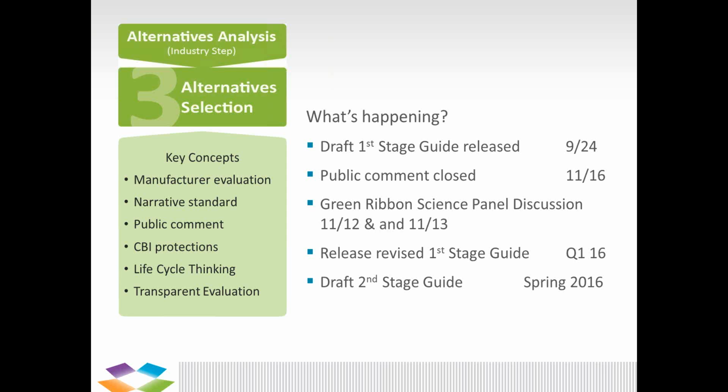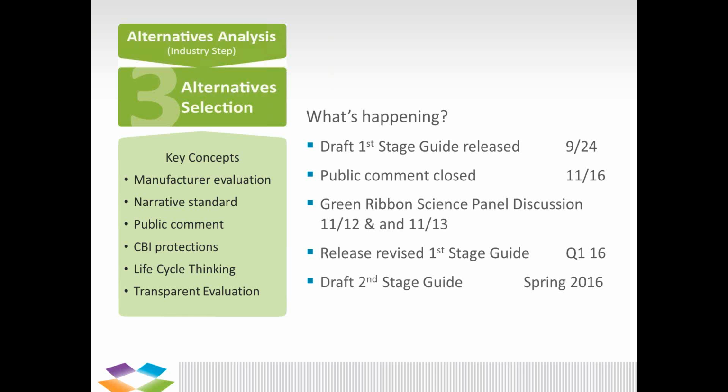And we'll be taking the comments we got, wrapping those into the second stage guidance, which will be coming out in the first quarter of 2016, hoping to finalize the whole thing in the spring of 2016, so it'll be done before we actually adopt any of the priority products in regulation and before anyone is actually required to perform an AA here in California.